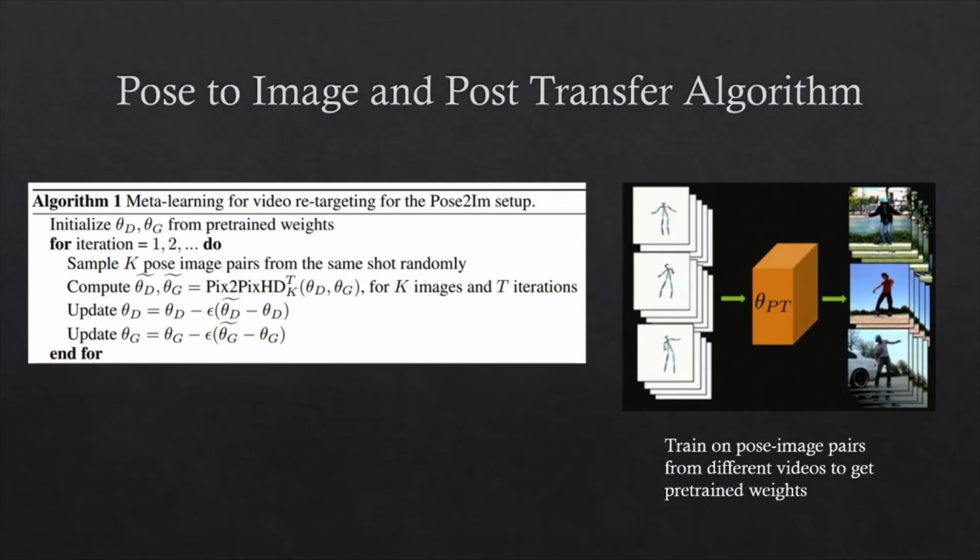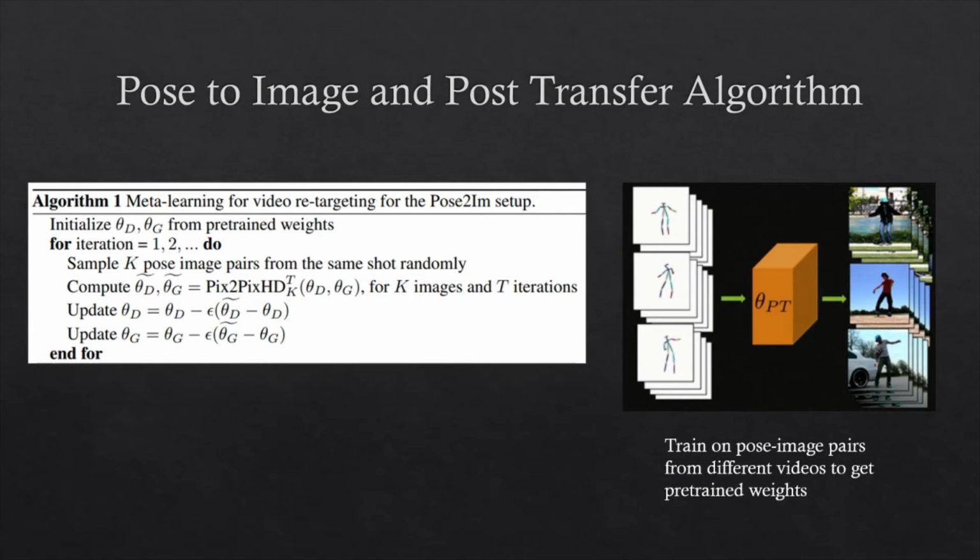So for every iteration, we take a sample of k pose image pairs, and then we fine tune the model for t epochs using pix-to-pix or pose warp to get the theta tilde. We take the theta tilde and we update the initialization in the direction of the fine-tuned task by a factor of epsilon.